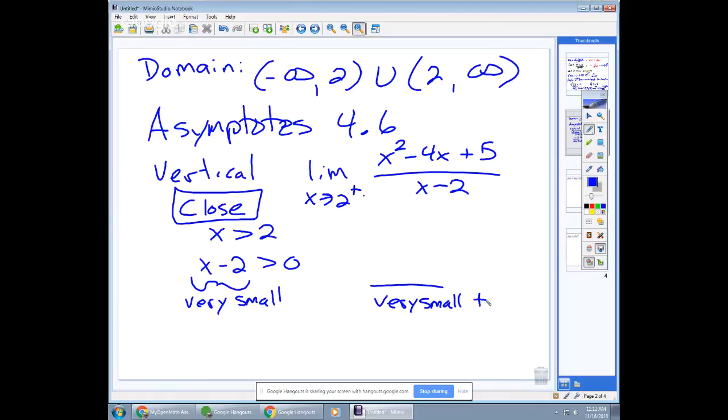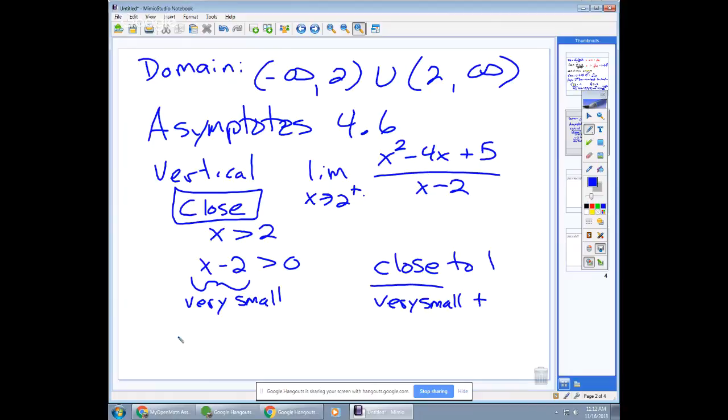So let's see, what's the numerator going to be if we're close to 2? 1? Close to 1? Yeah. Okay. So if we take a number that's perpetually close to 1 and we divide by a number that's getting smaller and smaller and smaller, what's going to happen here? It's going to get bigger and bigger and bigger.